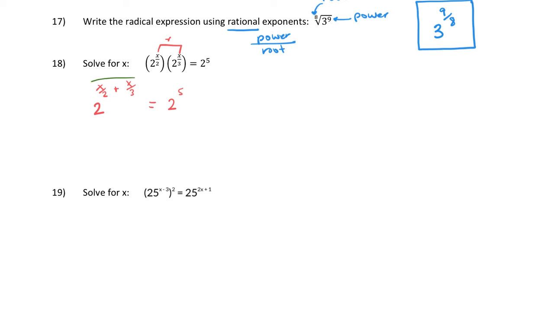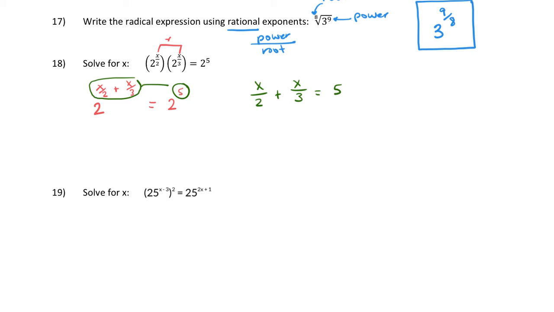So that means that x over 2 plus x over 3 has to equal that 5. So that's the equation that we're going to write. X over 2 plus x over 3 is equal to 5. And we'll go ahead and solve this equation. When we solve this, you might notice there are some fractions.